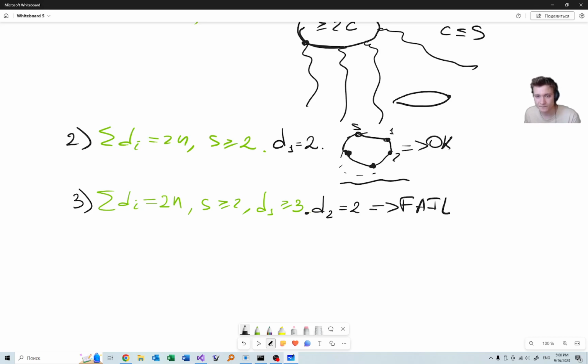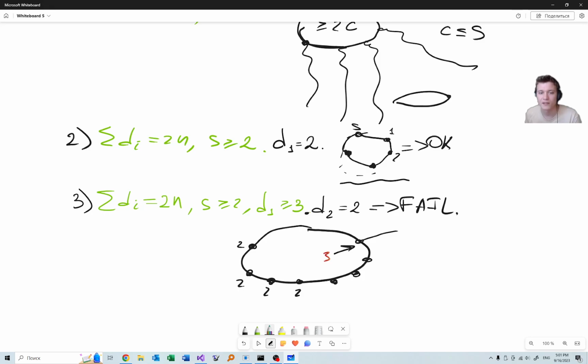Why is that? So let's look at our cycle. There are two cases. Either all degrees here are 2, or there is a degree at least 3. So let's consider the first case. If all degrees are 2, then actually this cycle is the whole graph. You cannot add anything to it, because if you add any edge here, this degree becomes 3, and we do not have 3's in our cycle.